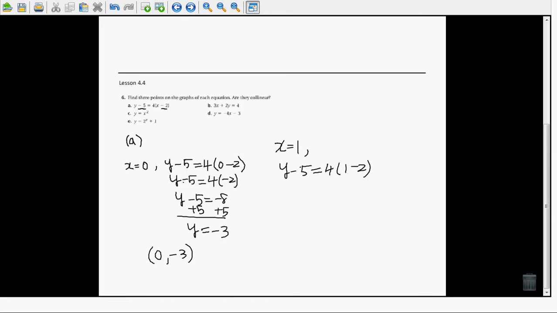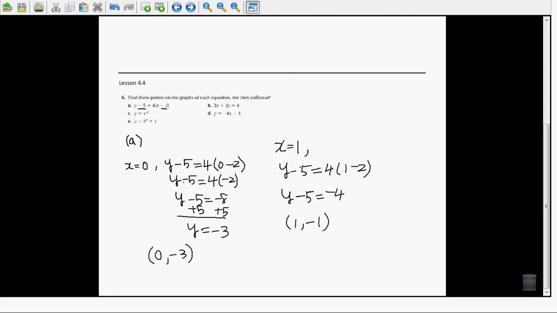Negative 1 times 4 is negative 4. Some number minus 5 is negative 4. It's got to be 9. No, it's not. It's 1, because 1 minus 5 is negative 4. So if x is 1, y is negative 1. So that's the second point on that line.